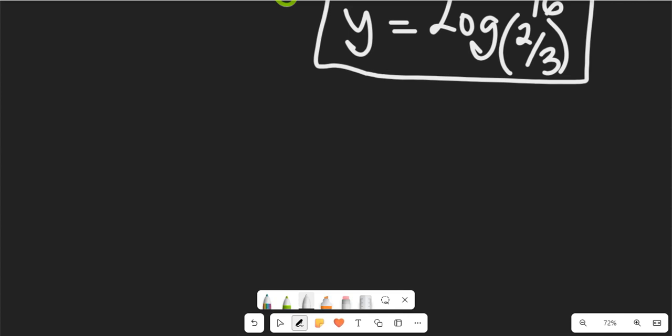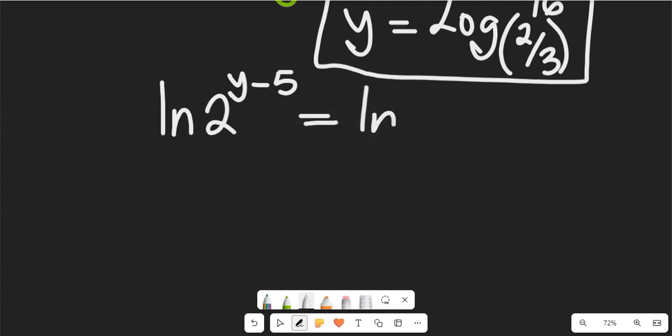Now let's do it with the natural log. If we take the natural log of both sides, we'll have the natural log of 2 to the power of y minus 5, and that will be equal to the natural log of 3 to the power of y plus 1.